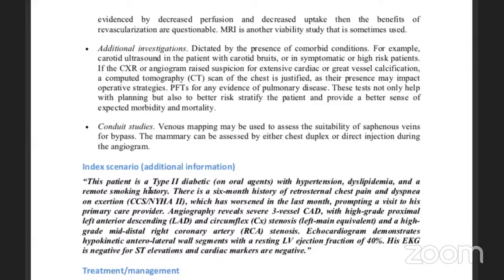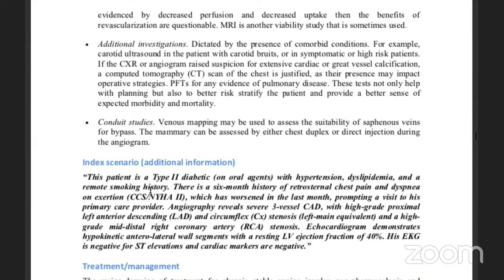Angiography revealed severe 3-vessel disease with a high-grade proximal left anterior descending and circumflex stenosis, left main equivalent, and high-grade mid-distal RCA stenosis. Echo demonstrates a hypokinetic anterolateral wall segment with a resting left ventricular ejection fraction of 40. His EKG is negative for ST elevation and cardiac markers are negative.